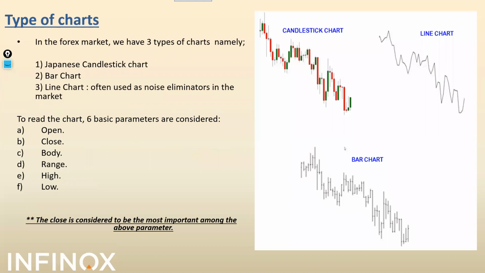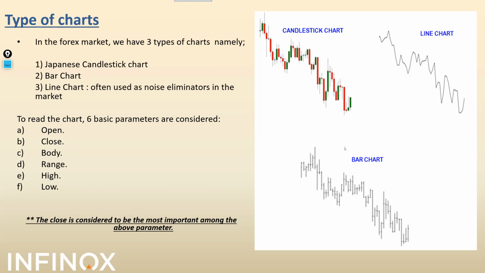In the forex market, we have three types of charts, namely the Japanese candlestick chart, the bar chart, and the line chart. The Japanese candlestick chart is most often used, and it is very visual. It presents information in such a way that you will be very happy to look at charts. However, it is not just about looking, it is about understanding what the market is saying.